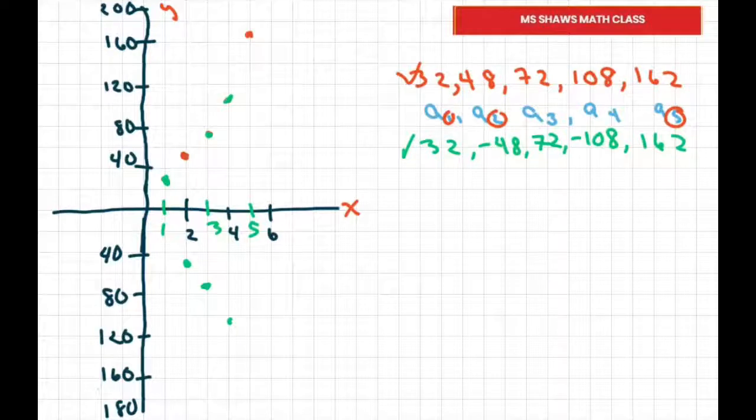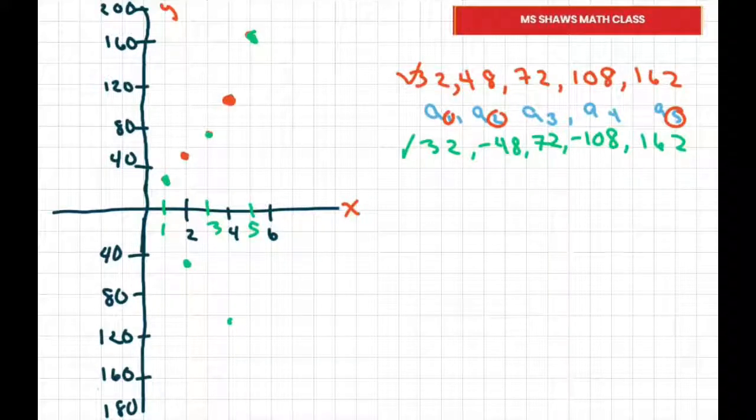We got that one. So I don't know what I did here. Alright. So it's there. And then we're back to the original here. So at 3, we're at 72. So at 4, we're here. So this one should have remained red.